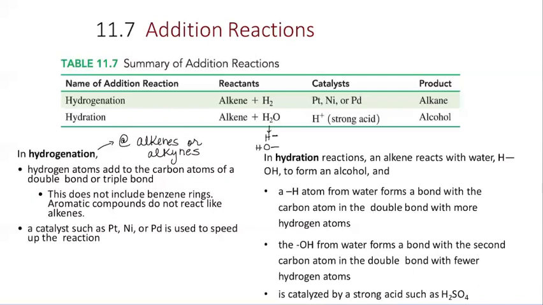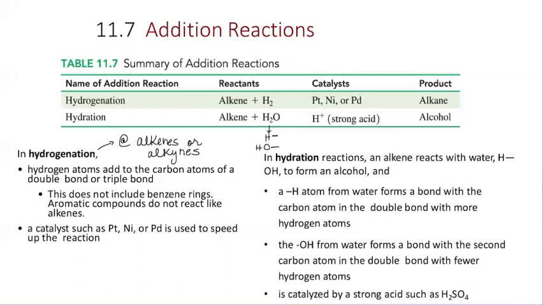So understand that there are actual parameters for who gets the hydrogen and who gets the OH. As you can see in the first bullet point, a hydrogen atom from water forms a bond with the carbon atom in the double bond that has the most hydrogens.